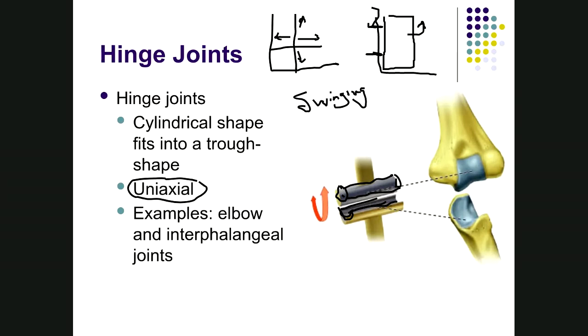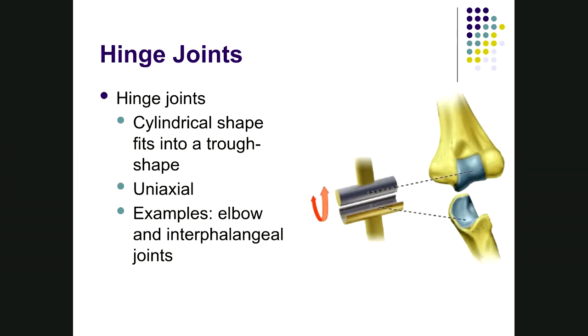The best example of this is the elbow. So here's the humerus, and there's the ulna. If you remember, this is the trochlea, and this is the trochlear notch. And that fits in there, and it gives you this swinging movement.